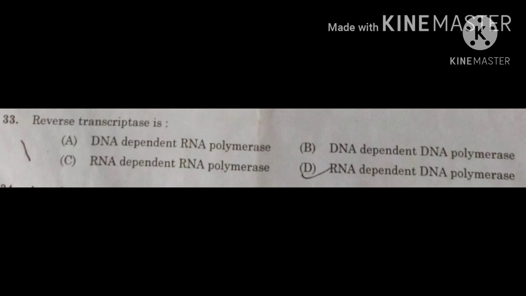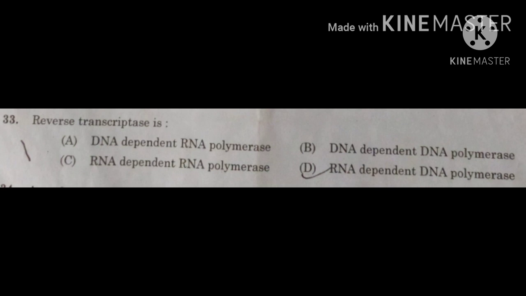Hence, we can say that the key enzyme of transcription is DNA dependent RNA polymerase. It can also be called transcriptase. So you can expect a question like that: the answer is that transcriptase is DNA dependent RNA polymerase.